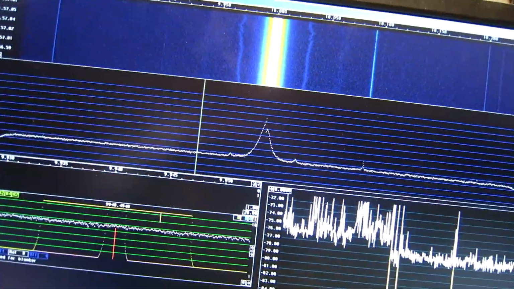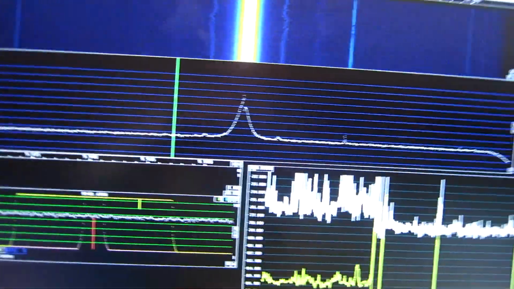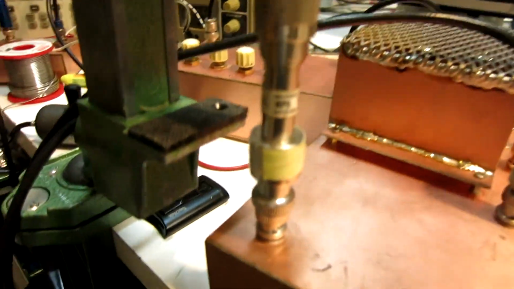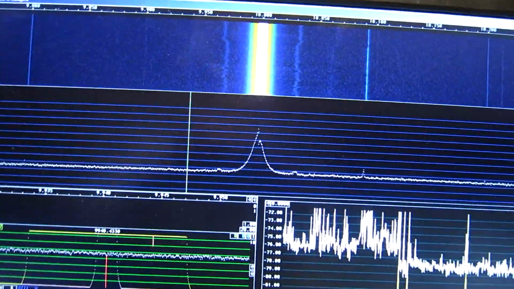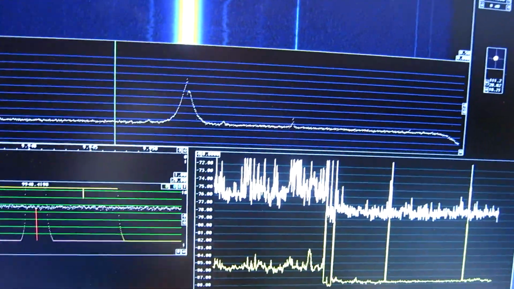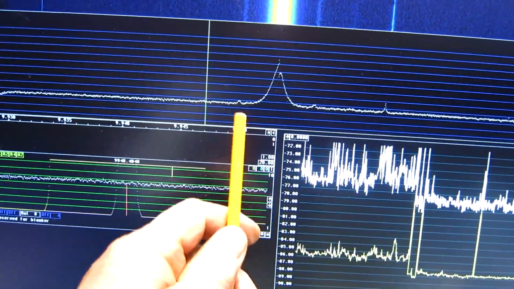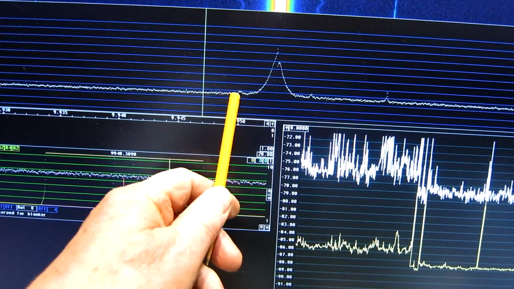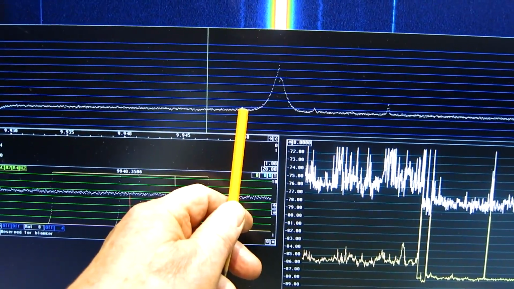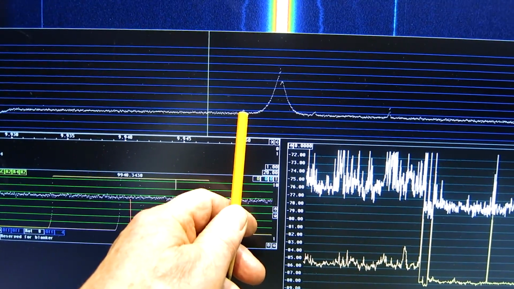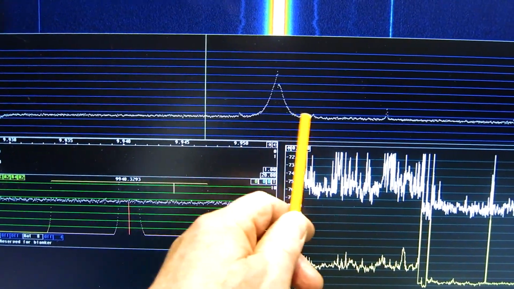I have added 12 dB of attenuation, 6 dB plus 6 dB, and brought up the signal level a little bit. And now I see these parasitic oscillations. Well, I thought it comes probably from the crystals in the amplifier.